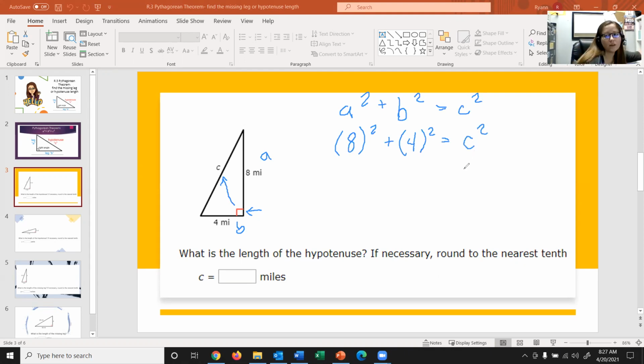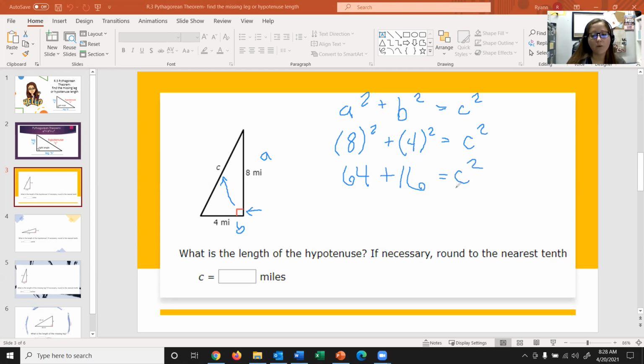In this case, 8 squared is the same thing as 8 times 8, which is going to give us 64. And then 4 squared is just 4 times 4, which is going to give us 16. And this is equal to C squared.